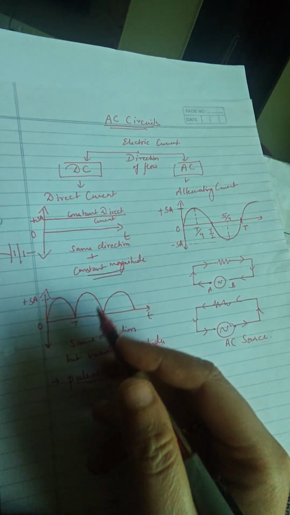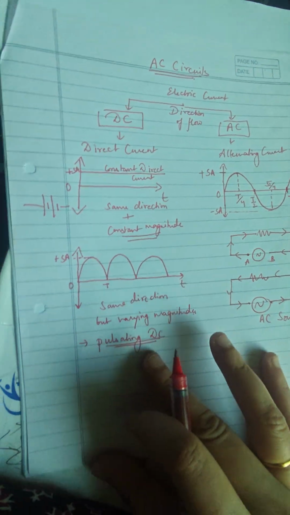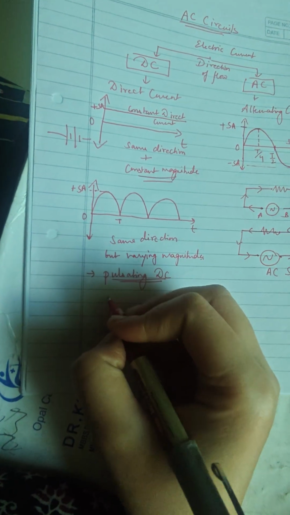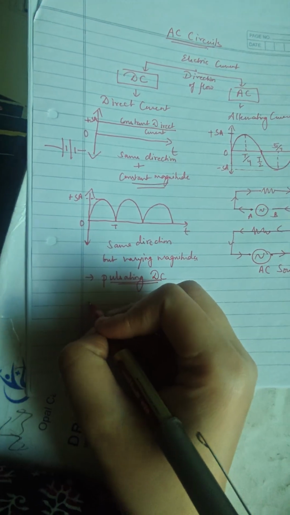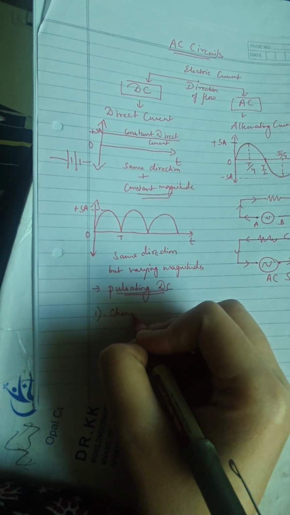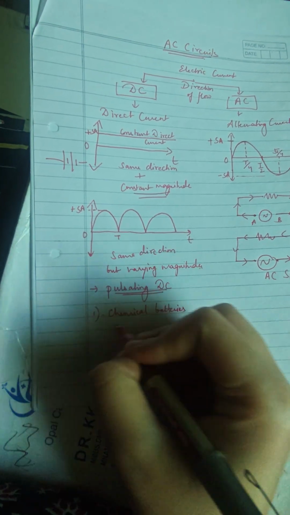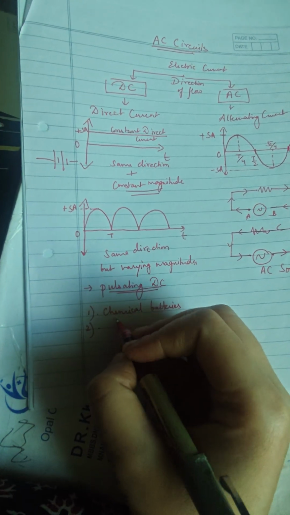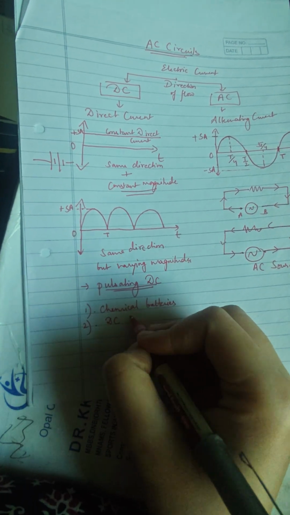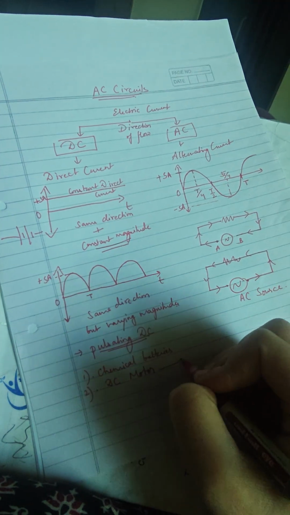Now the thing is, what produces DC? DC can be produced by your batteries, chemical batteries, you can say. Then it can also be produced by a DC motor. A DC motor is what generates this type of current.